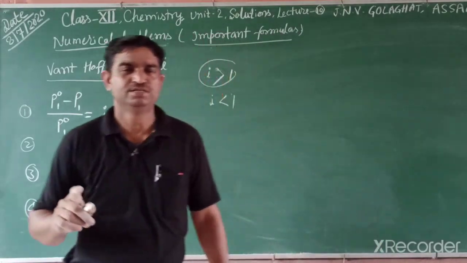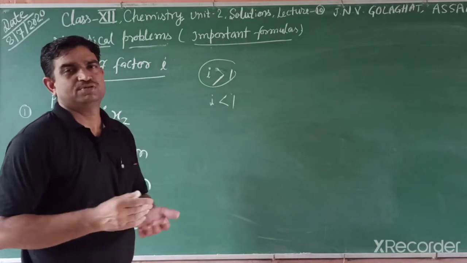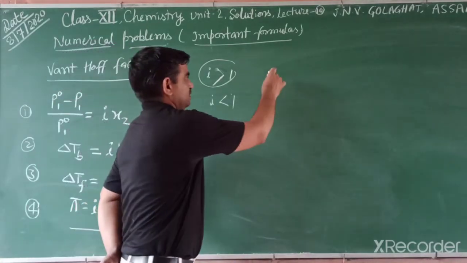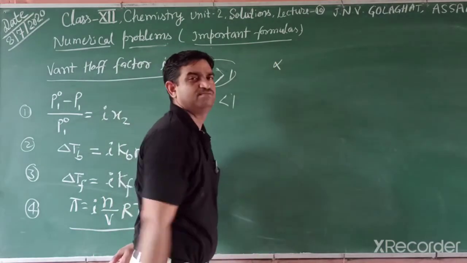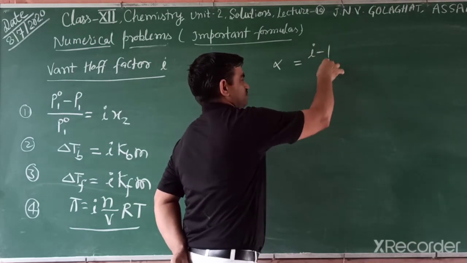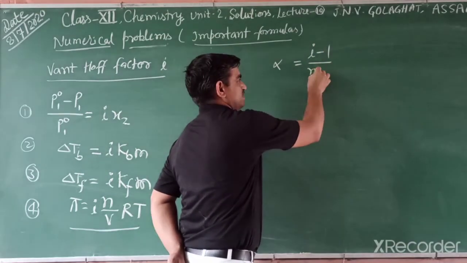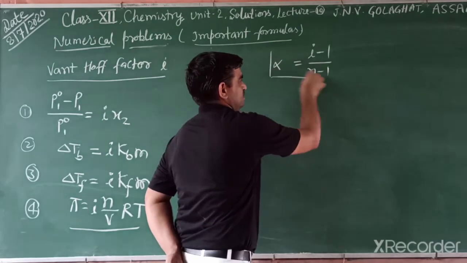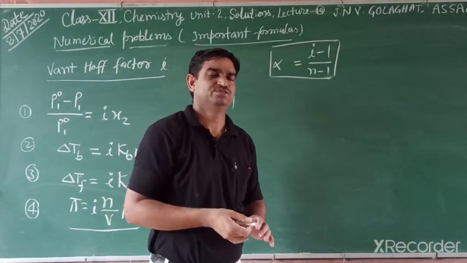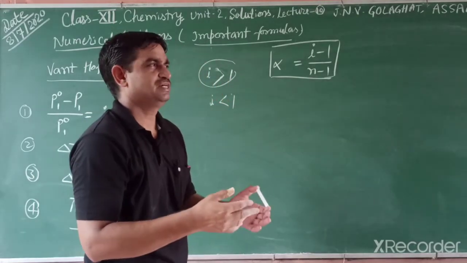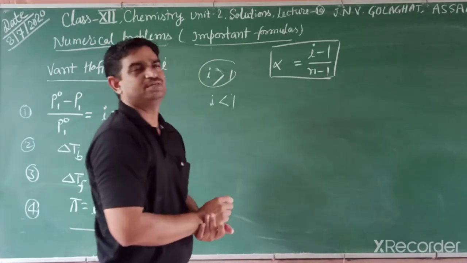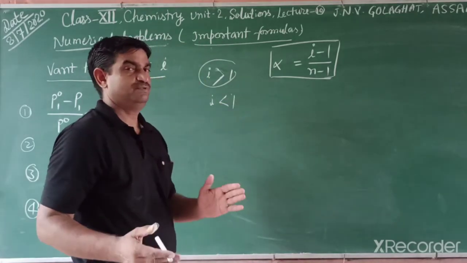Another one is the degree of dissociation. Students, how is it related to the Van 't Hoff factor? We can write the degree of dissociation alpha equals i minus 1 divided by n minus 1. We already discussed this. What is n? n is the number of particles after dissociation. For example, NaCl, n value is 2; potassium sulfate, n value is 3. What happens if association?